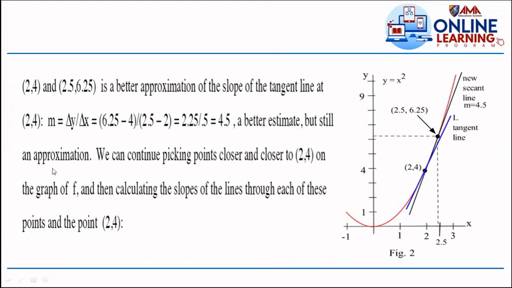But an approximation po ulit. So we can continue picking points closer and closer to the point (2, 4) on the graph of the function f, which is equal to x squared. And then calculating the slopes of the line through each of these points and the point (2, 4). Okay?